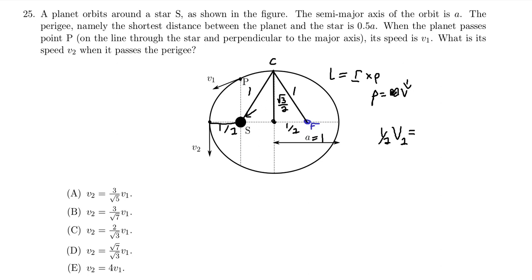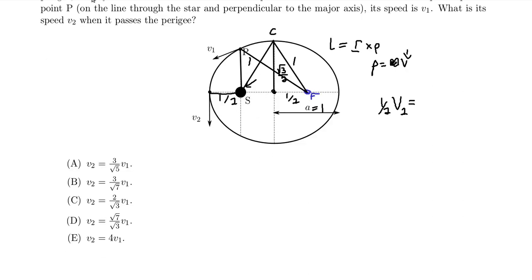Now we want to find out the length from P to the star, because that will give us our position, R. To figure that out, we can apply the same tactic: draw lines from P to both of the foci. Again, we know that they add up to 2, and so we can create an equation using Pythagoras.